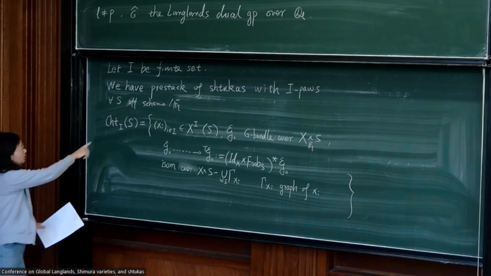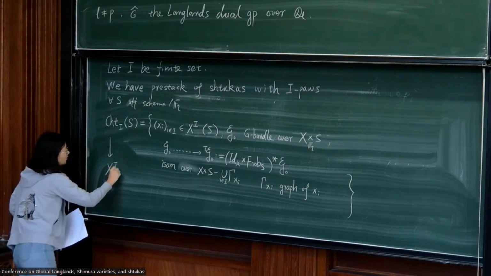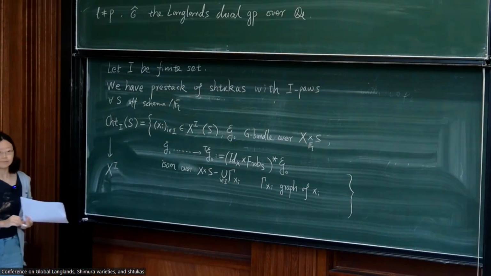So this shtuka is over X^I. The legs are over X^I.